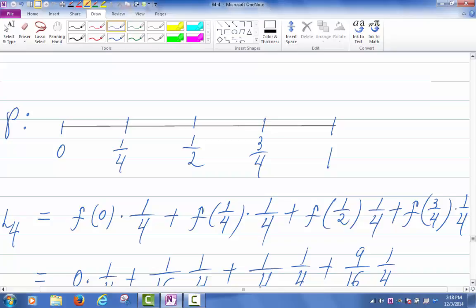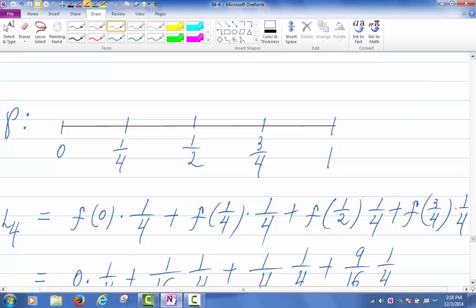Second subinterval, I evaluate f at 1/4, multiply by 1/4. For the third one, I evaluate f at half, multiply by 1/4. The last one, I evaluate f at 3/4, multiplied by the length of the interval, which is 1/4. You guys realize that you have to do just that in your homework that's due tomorrow. Okay, you have to do that.